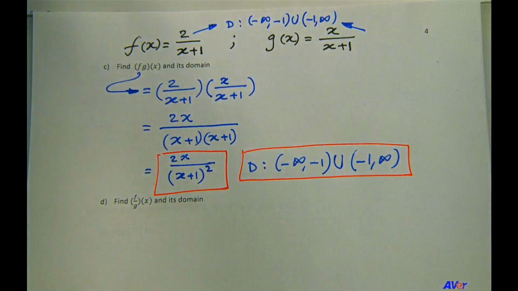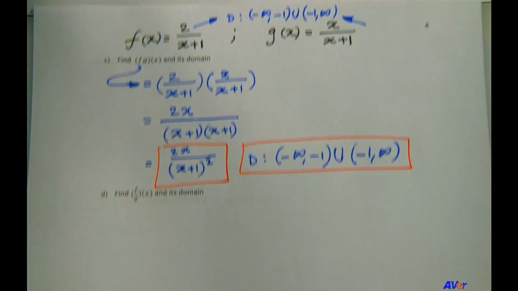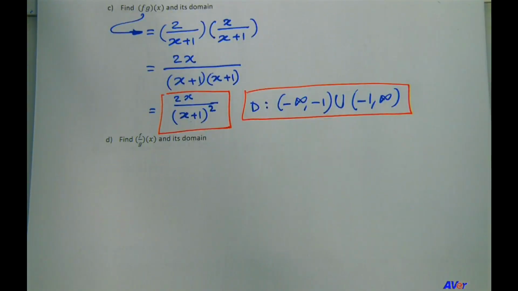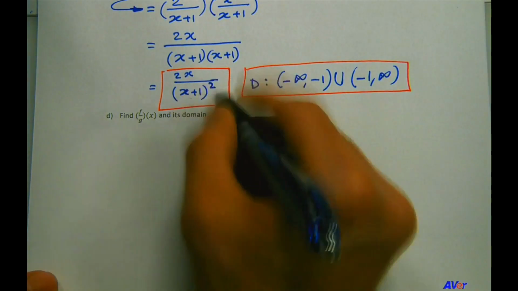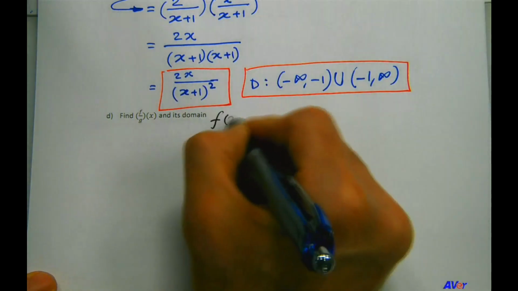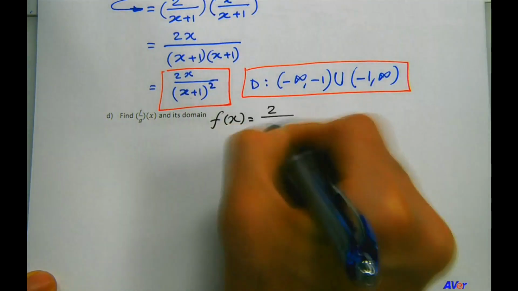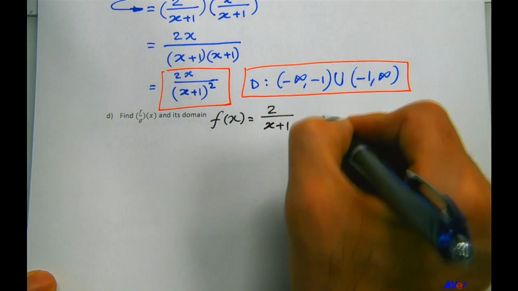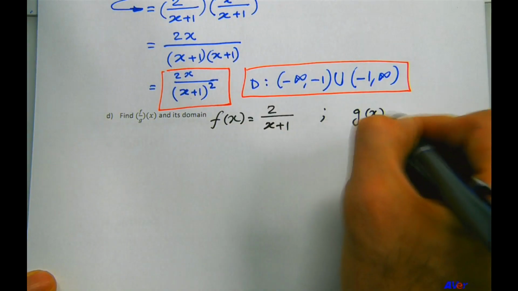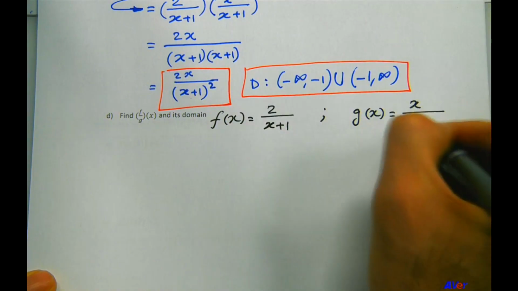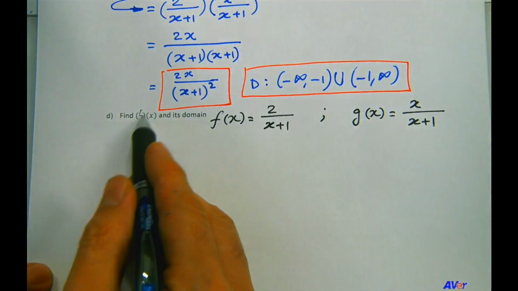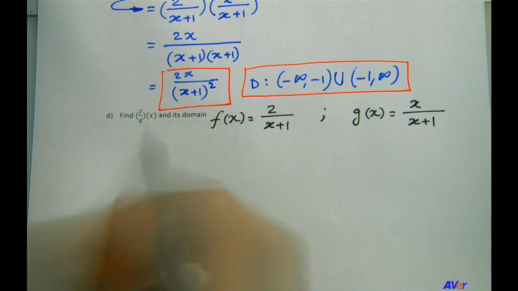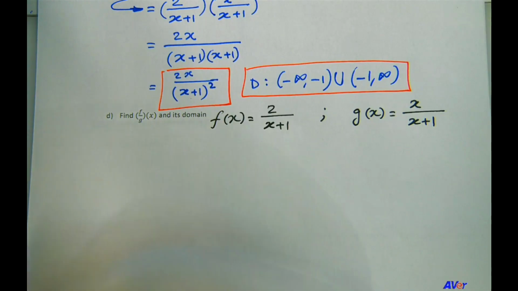Okay, so part D, and once again, because I want the functions to be on the screen as we go through this, I'm going to write them here again. So f of x is that, and g of x is x over x plus 1. Okay, so now we're dividing f by g. Okay, let's do that.